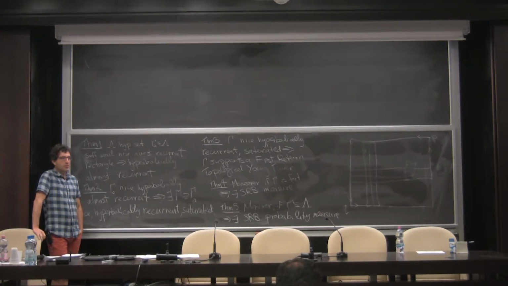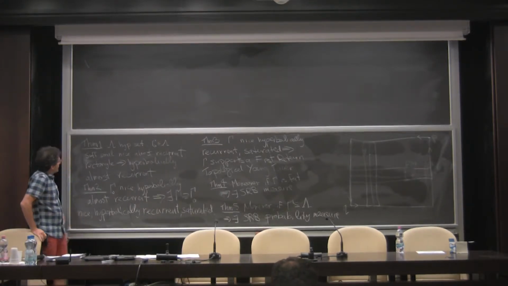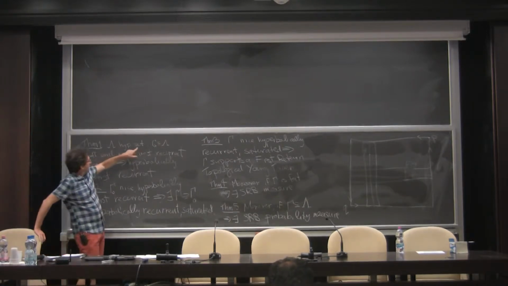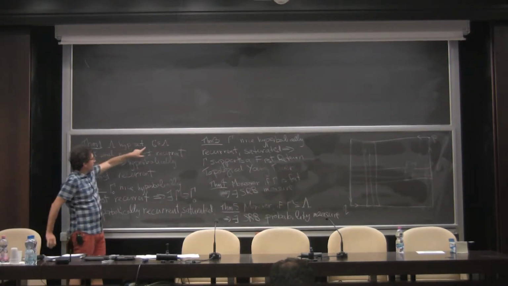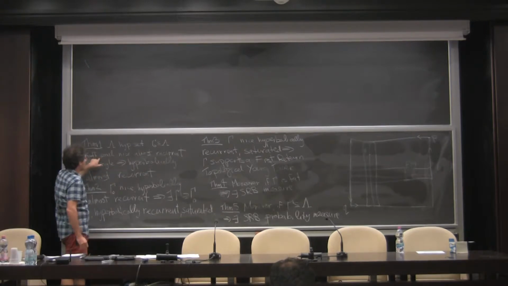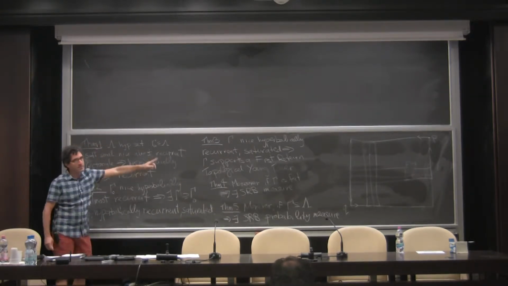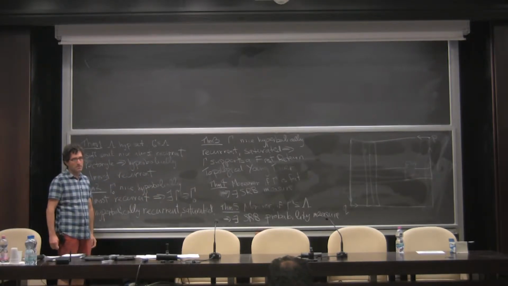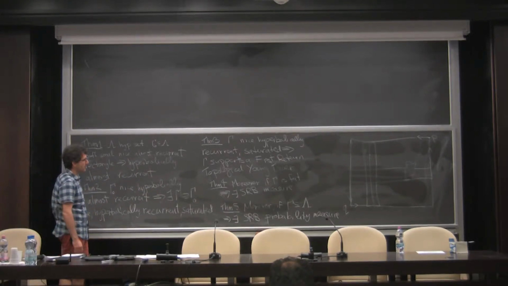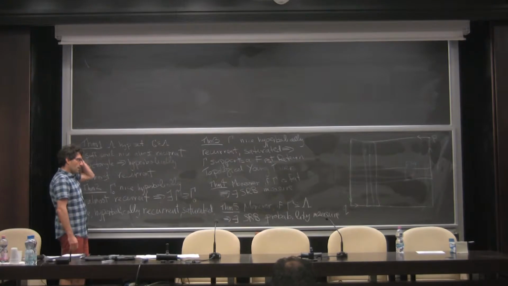So this is the full structure of the proof that if you have a hyperbolic set, and if you have gamma 0, which is a sufficiently small, nice, almost recurrent rectangle, then you have an SRB probability measure, of the sequence of results.